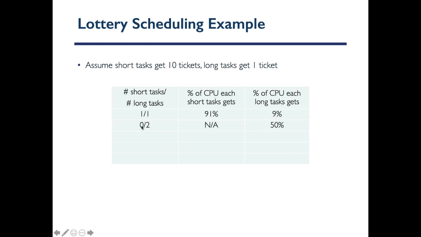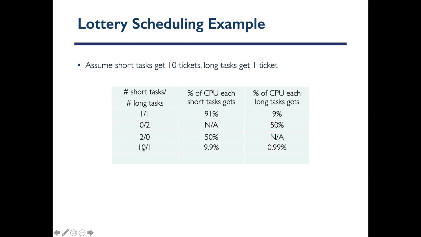So let's say now we don't have any short tasks, but there are 2 long tasks. So short tasks are not in the system. So each long task gets 50%. This is one of the examples where you can actually see how lottery scheduling is working in action. The same way, if you don't have any long task, then each short task gets 50%.